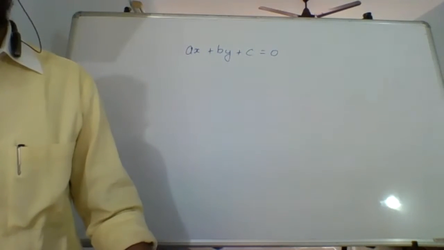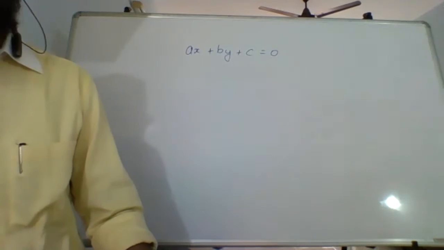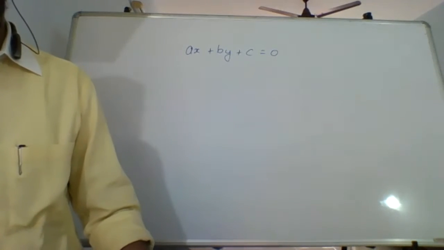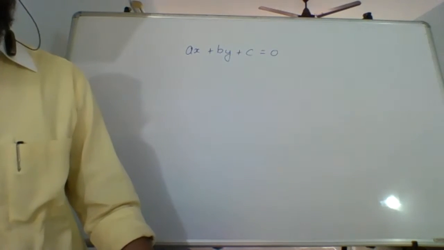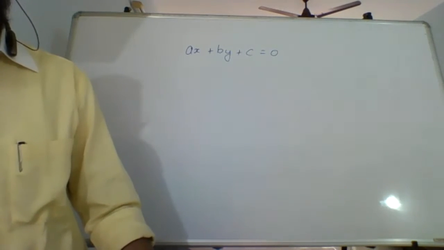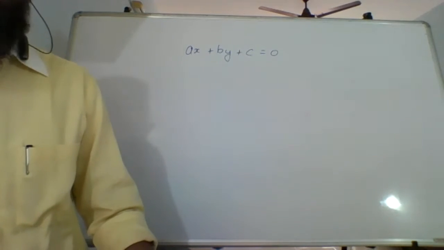Okay, the degree or the power or the index of x and y cannot be greater than 1. That means you cannot have a square term or a cube term or to the power 4. None of that. The power has to be only 1. Okay, only then it is called a linear equation.